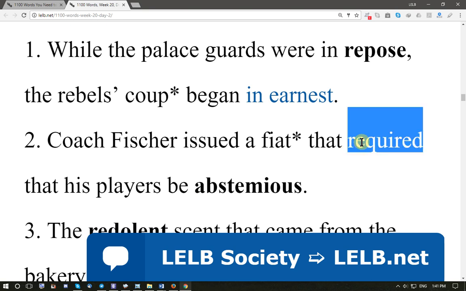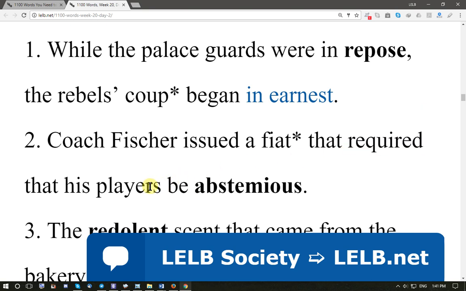Require is a strong verb, so required that his players should be abstemious, and instead of required you can say demand. Okay.